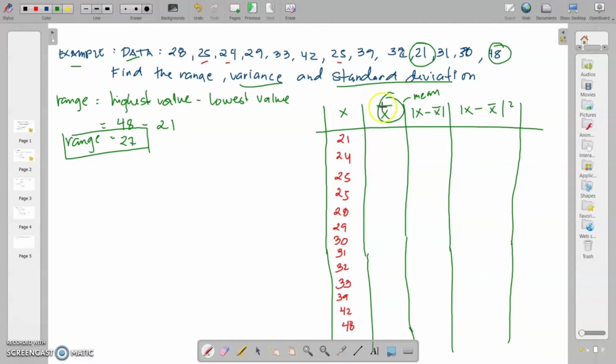So what is the mean of this set? The mean is the average.